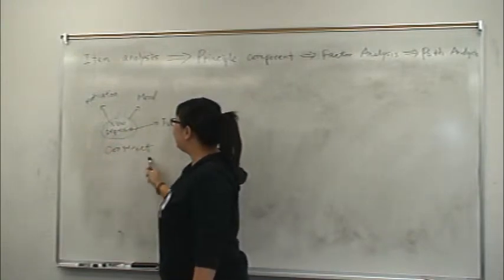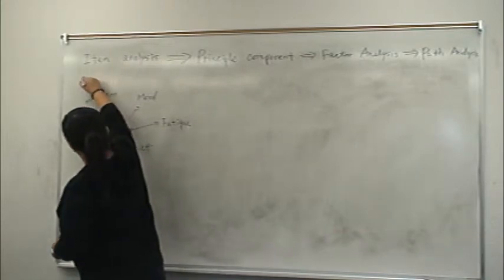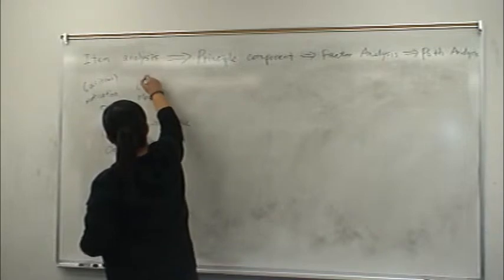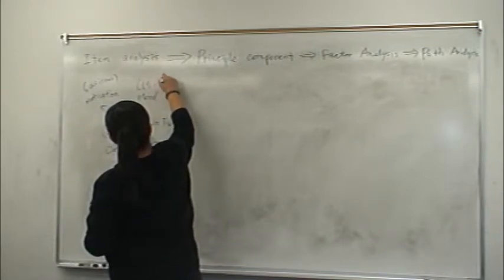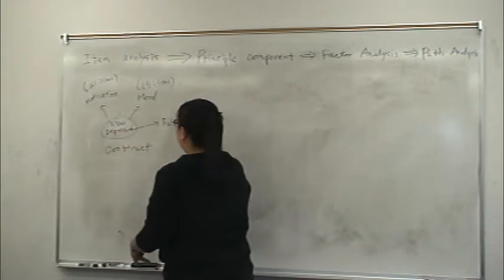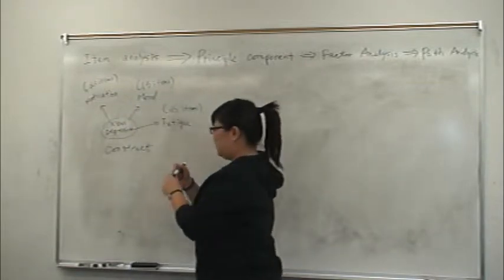Based on that, as your construct, you find out your motivation has, let's say, 20 items here. And let's say you have 15 items here. You create all this, and you pass all the item analysis procedures. And for this one, you have 25.